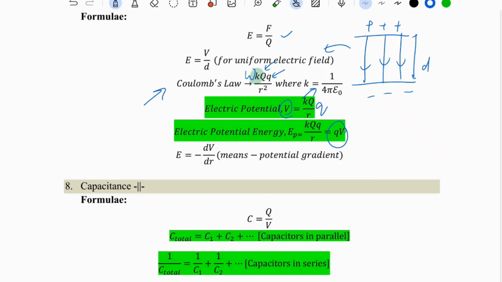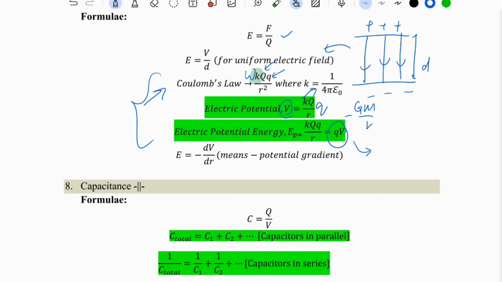So this is almost similar to the forces, energy and potential you learned in the gravitational field. Gravitational potential is Gm over r, am I right?